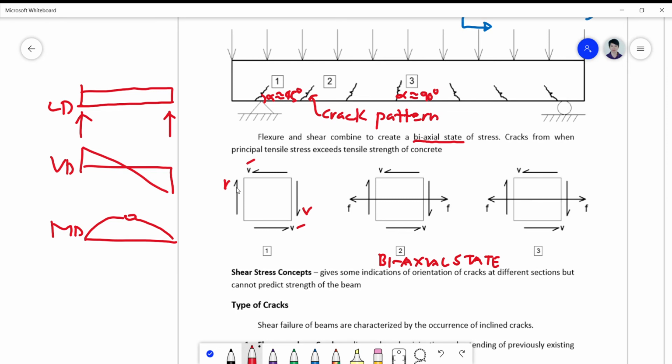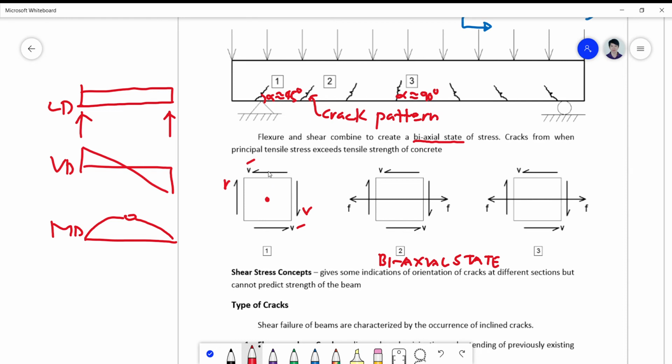such that if we take the moment couple, using the two couples, we can sum up the moments about, let's say, the center of this square element, which will be 0.